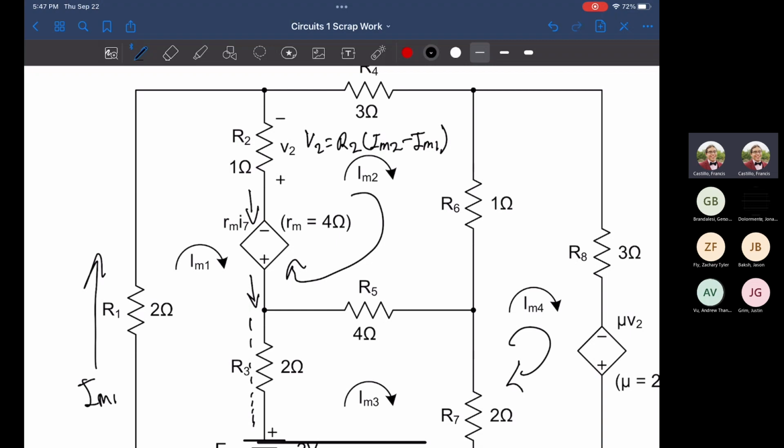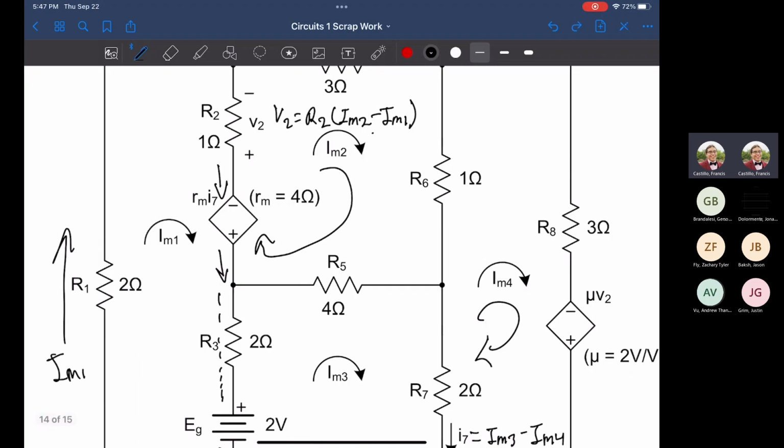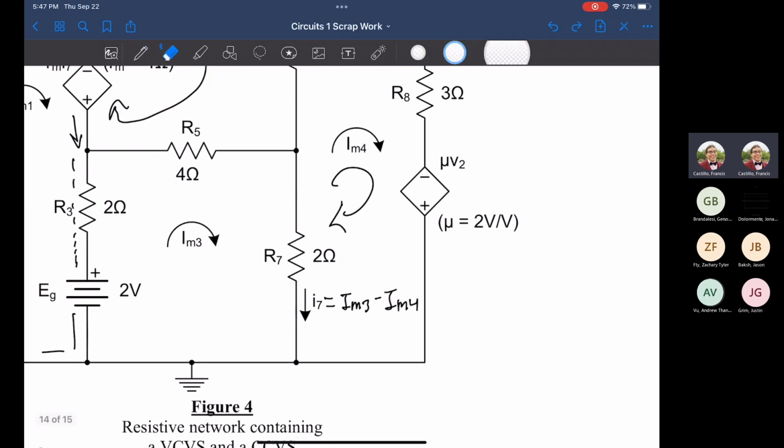We know our convention here, and for our other dependent source, if our values come out to be negative, all that means is the convention we assumed for our mesh difference is just the other way, meaning we were supposed to do IM4 minus IM3.